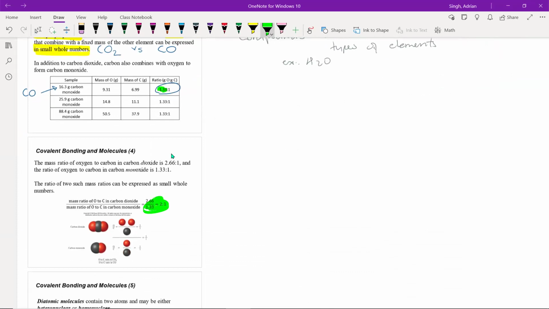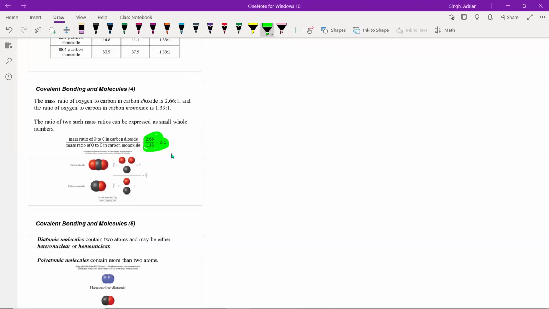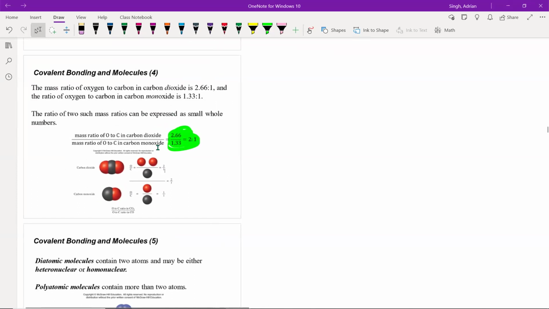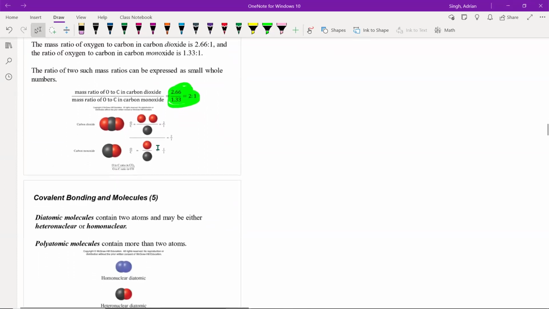And that is what the law of multiple proportions says. If we compare the mass of an element to a fixed mass of another element in a compound, to the same ratio in a different compound, that ratio is always going to be a small whole number. In this case, it's a 2 to 1 ratio. And you can apply that to any combination of elements where different compounds can be formed.